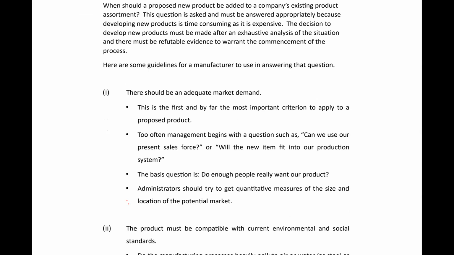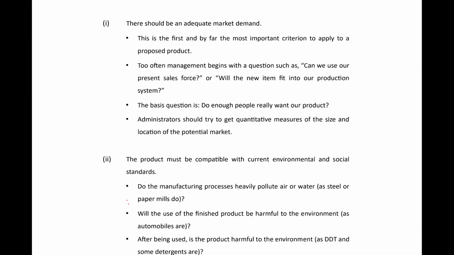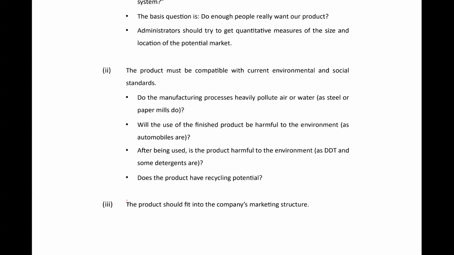Actually, one of the most important criteria to apply for a proposed product. Too often, management will begin with a question such as, can we use our present sales force, or will the new item fit into our production system? The basic question is, do enough people really want our product? You know, administrators should try to get a quantitative measure of the size and location of the potential market. That is very, very important.